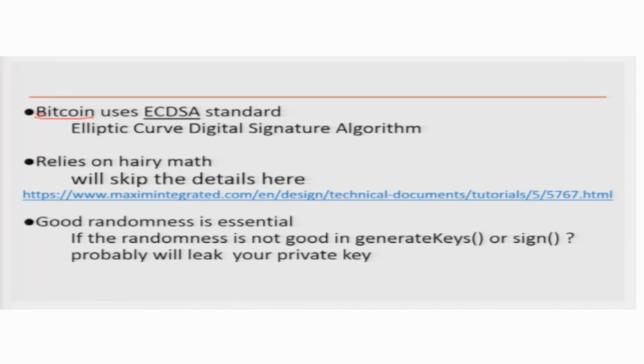Now, in the Bitcoin blockchain, digital signature is very crucial. Bitcoin uses ECDSA, the elliptic curve digital signature algorithm, which we did not talk about. Elliptic curve cryptography is considered more secure, and also what we call quantum resistant, which is, if quantum computers come into existence tomorrow, then RSA, for example, will no longer be secure, because RSA uses large integer factorization as its hard problem, on which the whole construction is based.